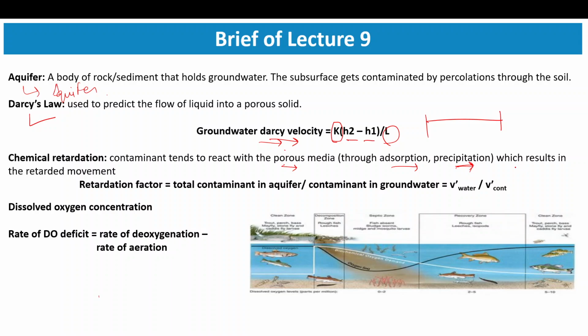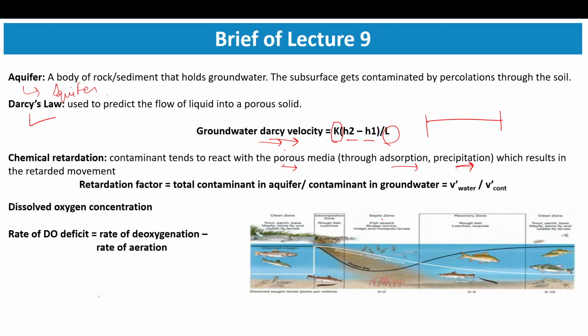Due to this, since there is a change in concentration, the movement is retarded. The retardation factor is the total contaminant present in the aquifer per unit contaminant actually present in the groundwater.